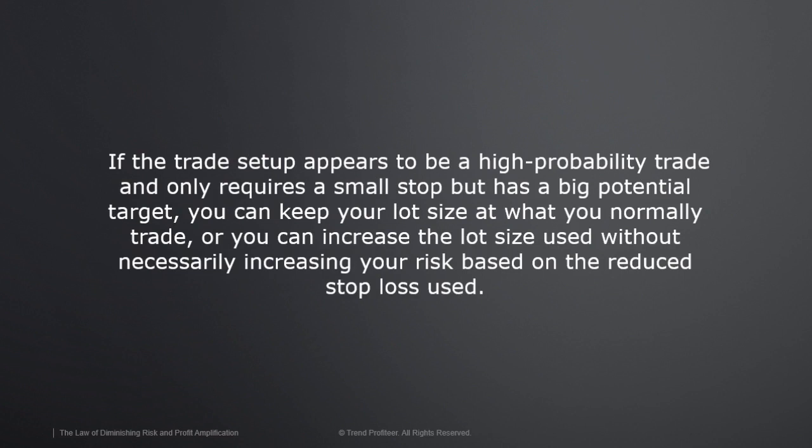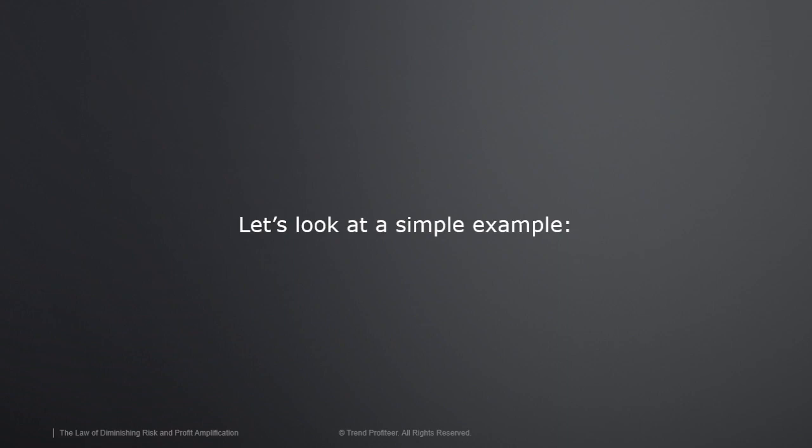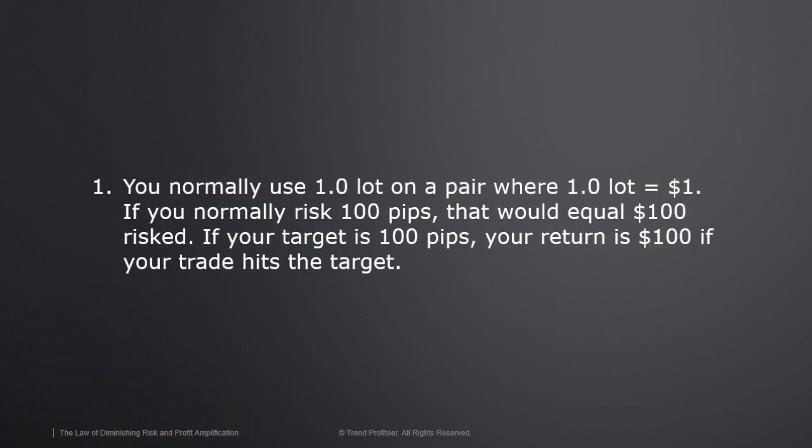So if the trade setup appears to be a high probability trade and only requires a small stop, but has a big potential target, you can keep your lot size at what you normally trade, or you can increase the lot size used without necessarily increasing your risk, based on the reduced stop loss used. So let's look at a simple example.